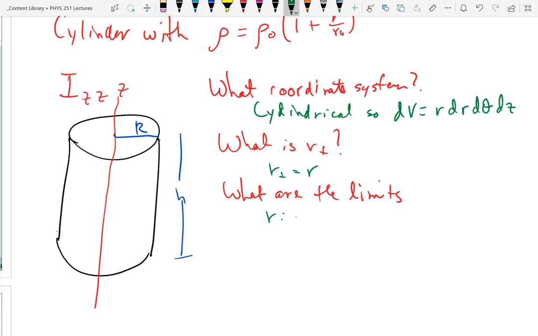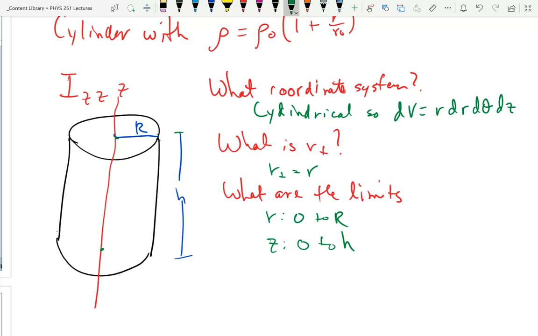R goes from 0 to R, because it goes from the center axis out to the maximum radius. What does z go from? Z goes from 0 to h, because z was my vertical axis, and my vertical axis had a height of h.